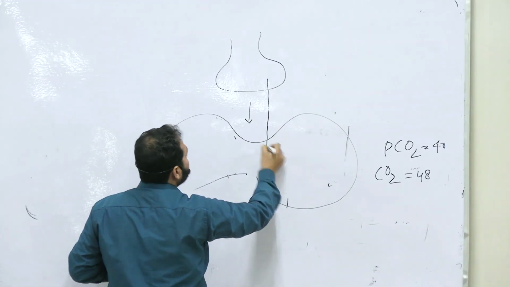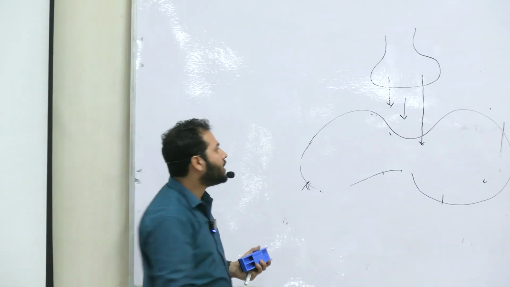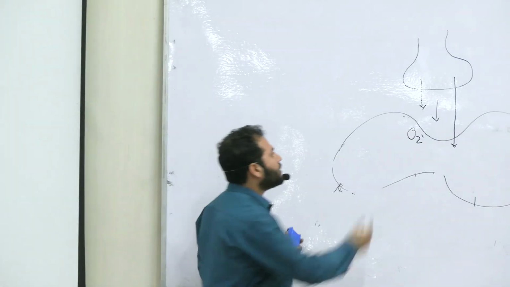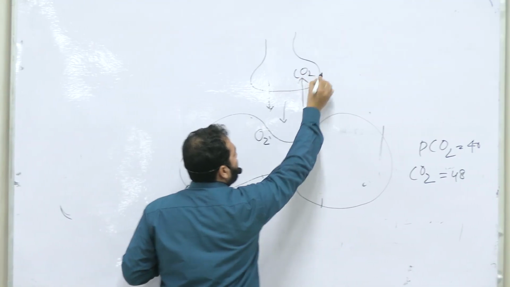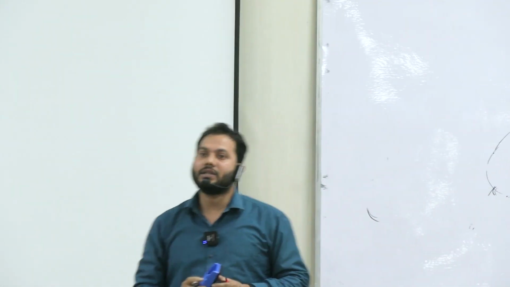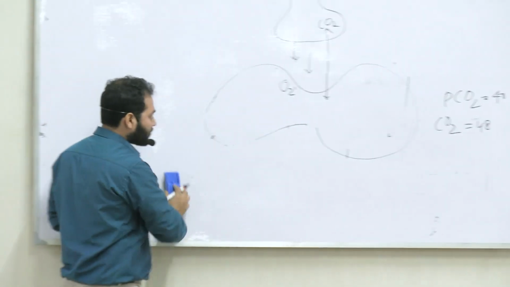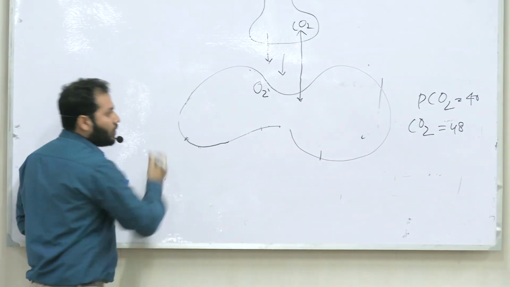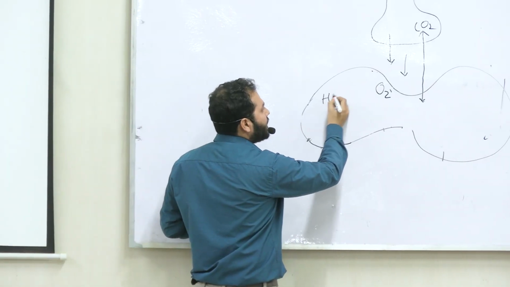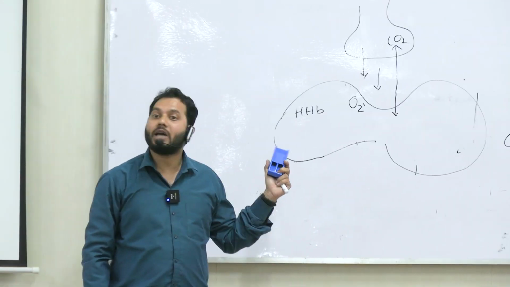Here, according to the law of diffusion, right? But before knowing that, we must know about the reverse reactions that occur in the pulmonary capillary. What we have seen in the systemic capillary, HHb was formed where hemoglobin binds with the H plus ion.